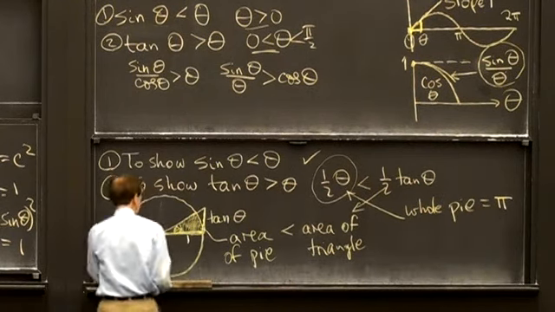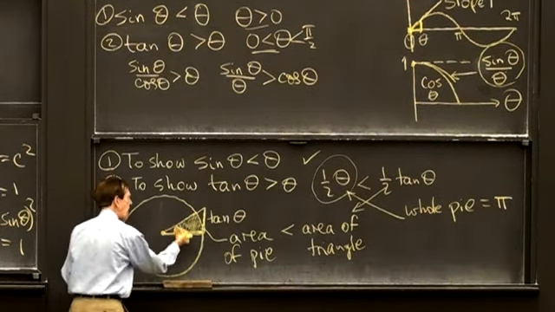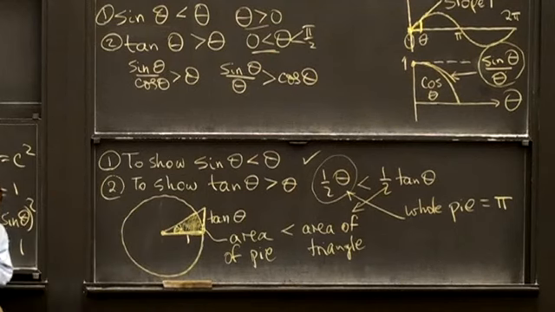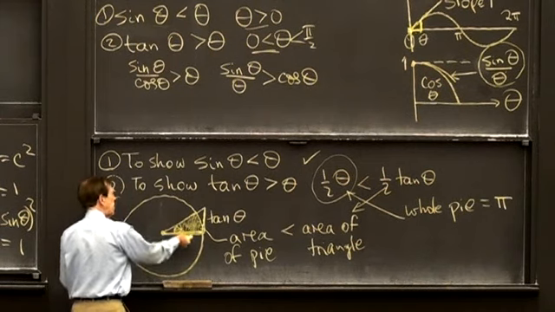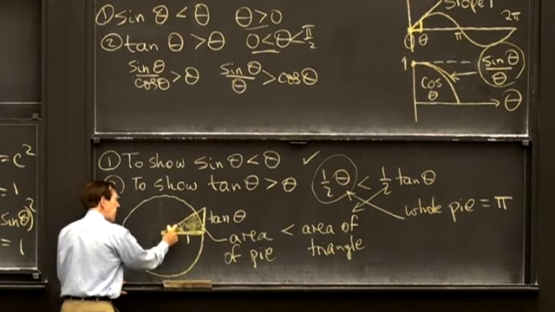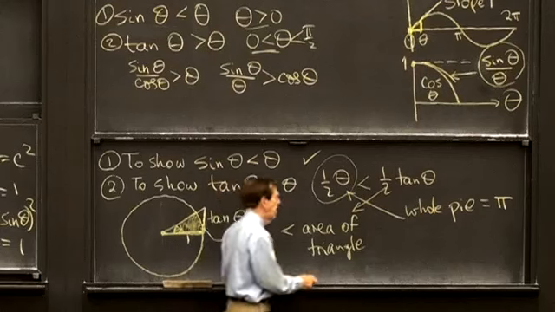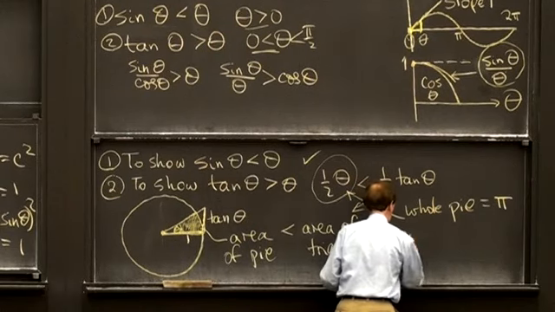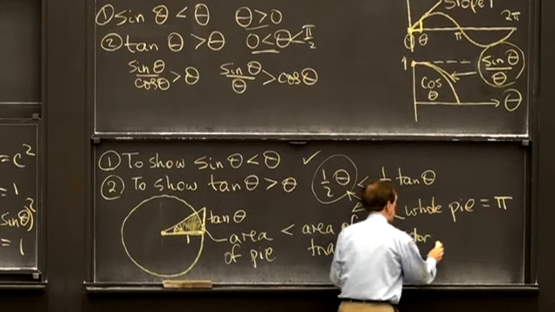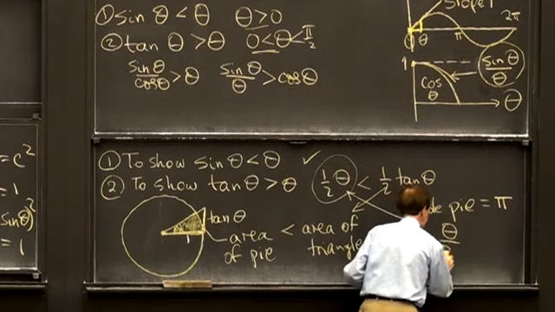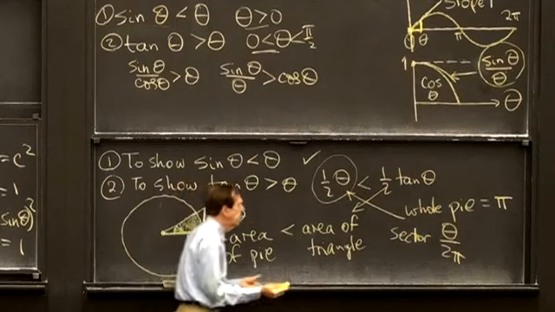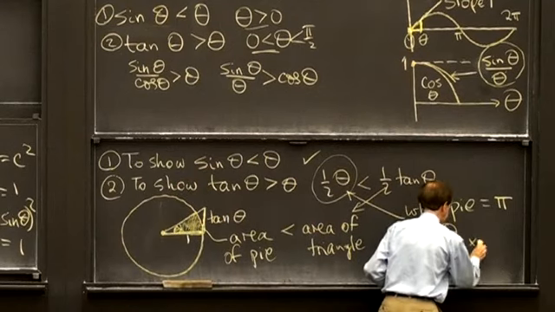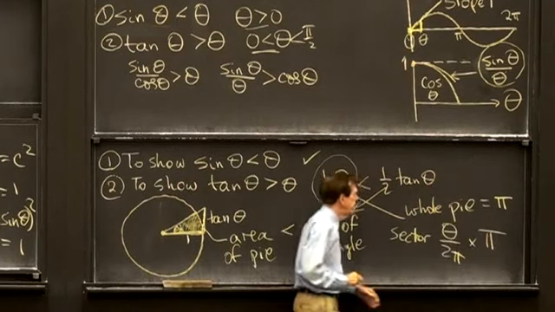Okay. Now, what about this? What fraction is this sector? Well, the whole angle would be 2 pi, and this part of it is theta. So the sector is theta over 2 pi. That's the angle fraction times pi, the whole area.